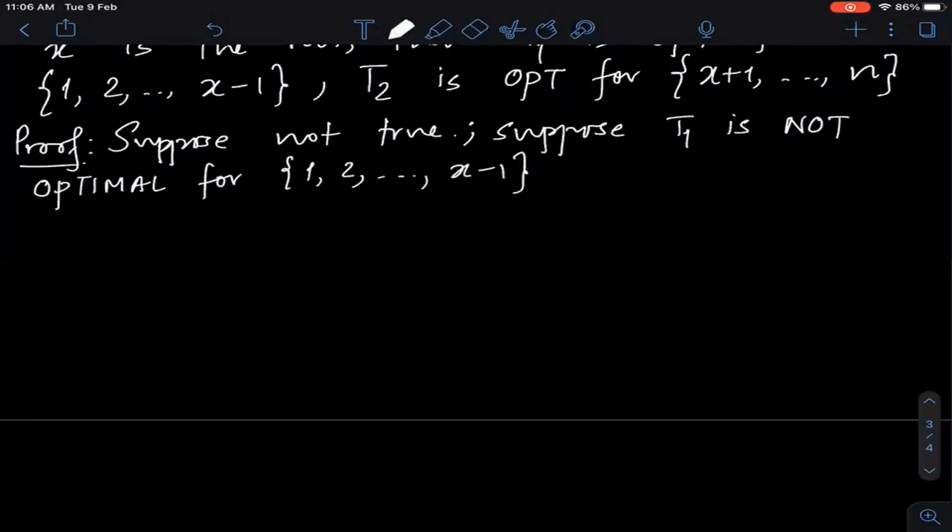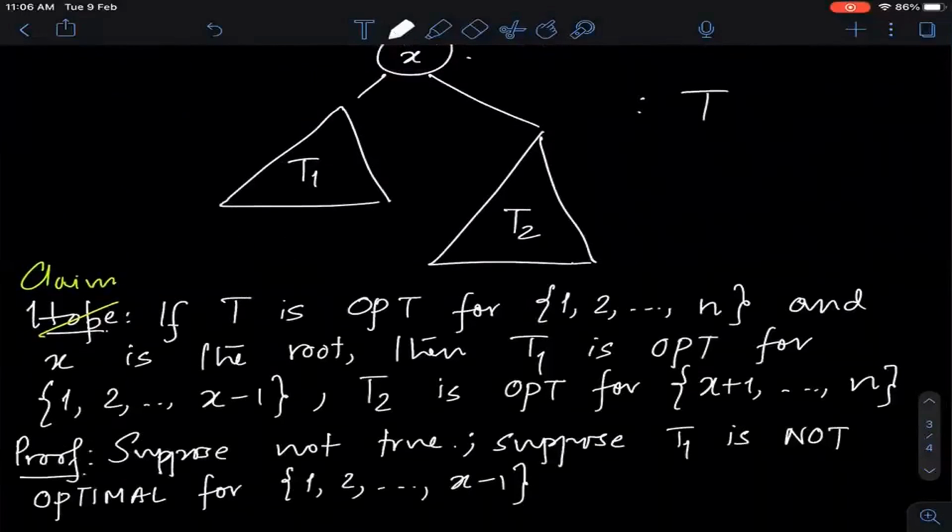So what I'm assuming here is that the claim that I'm making is false. Suppose this is false, and just to arrive at a contradiction, I'm assuming that this T1 is not an optimal binary search tree for the keys 1 to x minus 1. Okay, so this is my assumption, and we will see how that leads us to a contradiction.